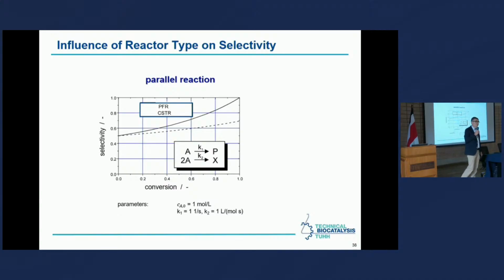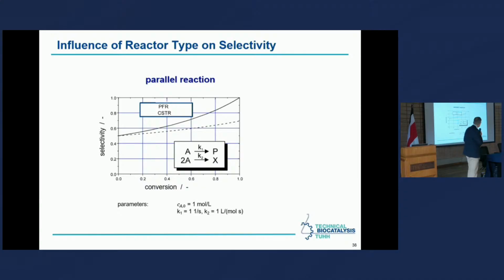Because of the different profiles of the reactors, if we calculate this, we can express the activity in terms of production of the product as a function of the conversion for our two continuously operated reactors. And you can see, if you choose the wrong reactor, you will lose over 30% of product.